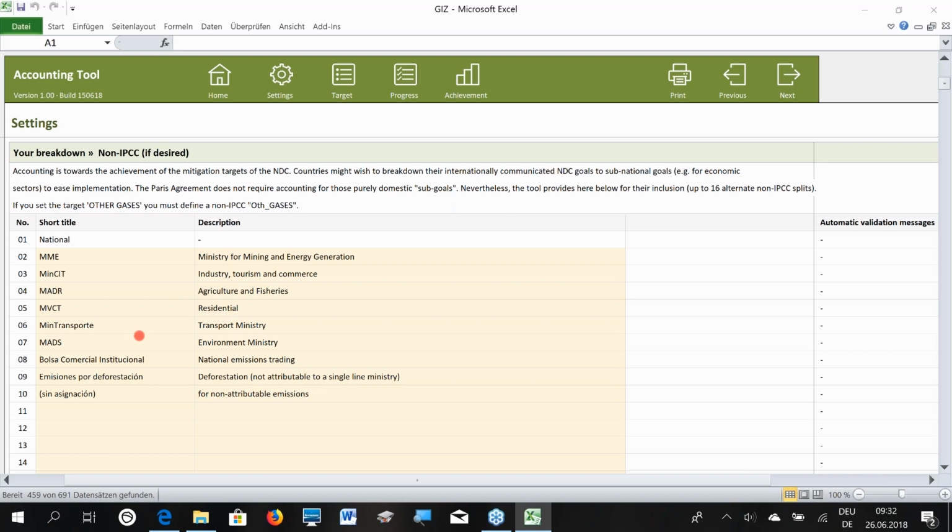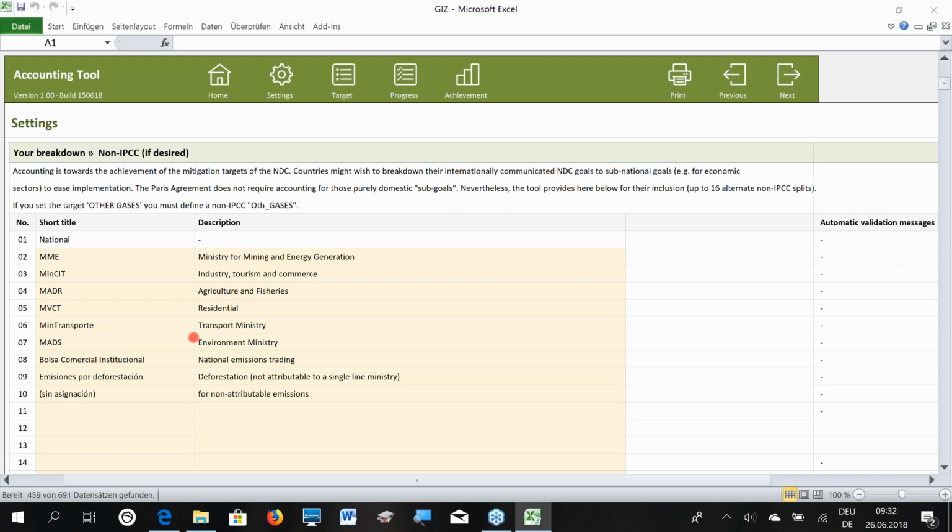This is actually the information we took from the Colombian case. The Environmental Ministry of Colombia was kind enough to grant us the permission to share this information with you.